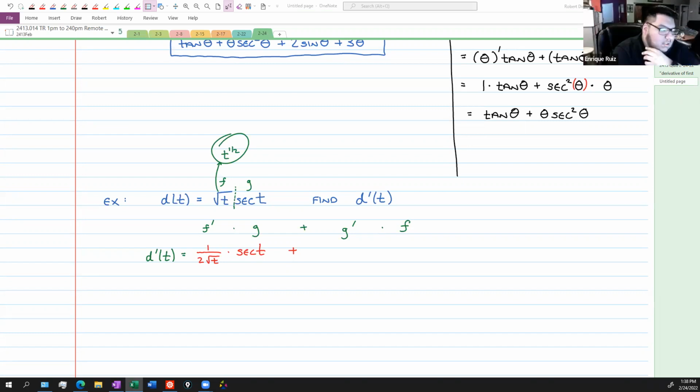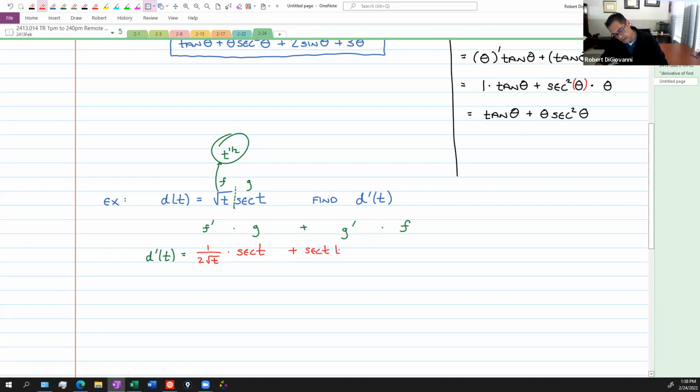Yes, I got secant T times tan T. Secant T tan T, good. It's a weird derivative, right? Secant T times tangent T. And then you still need to slap onto the end of that f, which was square root of t. And this is it. This is your raw derivative right here.